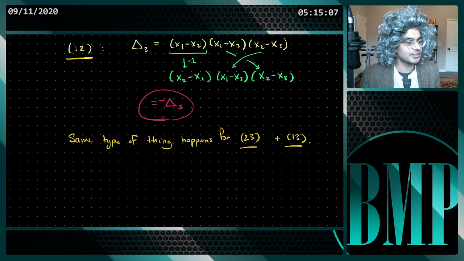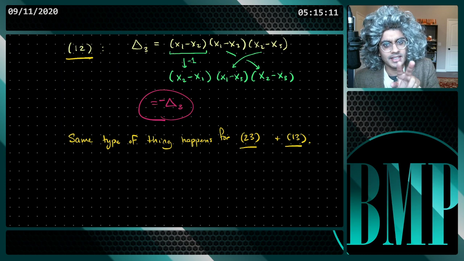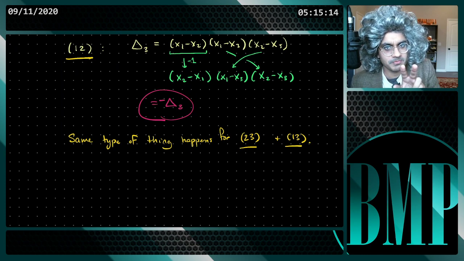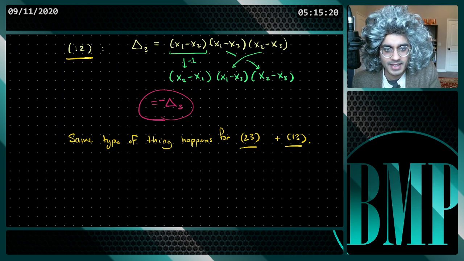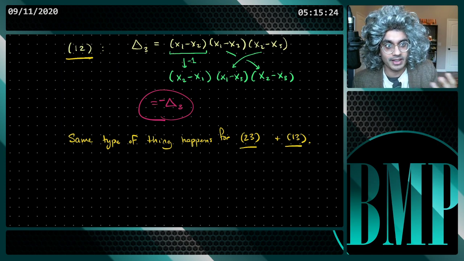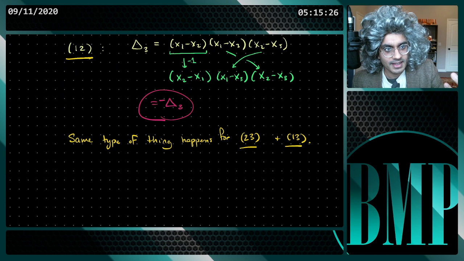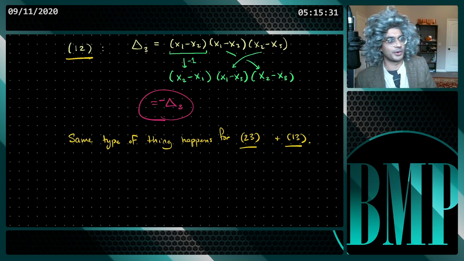It's confusing because each of them only involves two of the symbols: 1 and 2, 2 and 3, and 1 and 3. Yet they are odd permutations. So don't get confused by thinking odd means it has to involve an odd number of terms. That's not how it works.